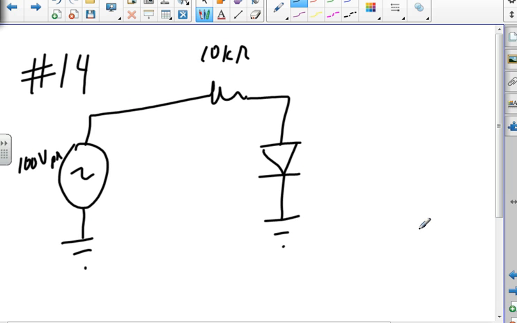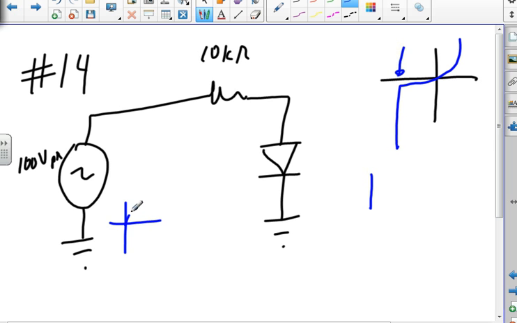Okay, and what we're worried about is not the forward, but the reverse biased condition. So what we're worried about is what that voltage, what the rating for that voltage should be. Alright, so my power supply goes up, my power supply goes down.